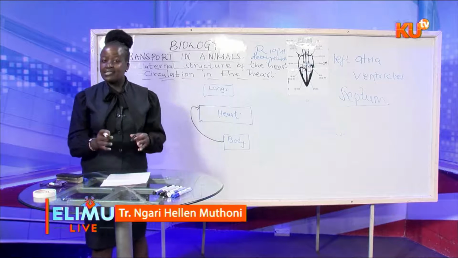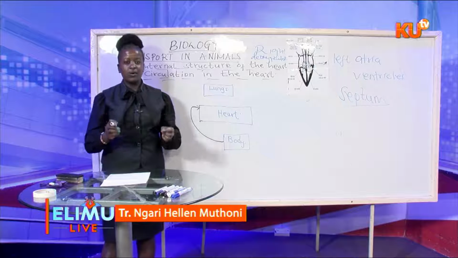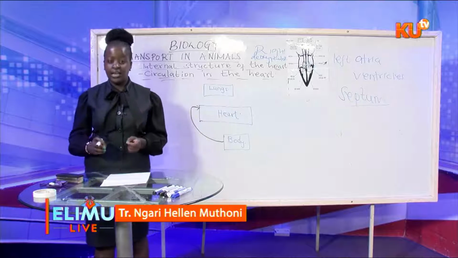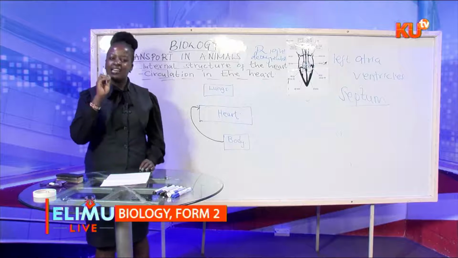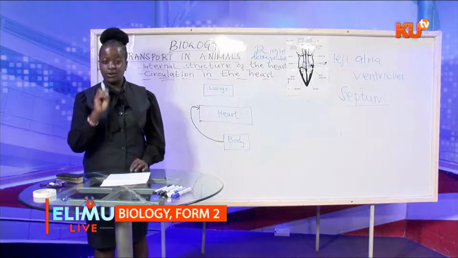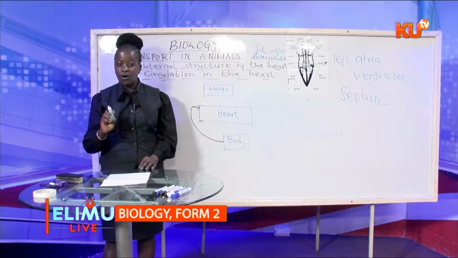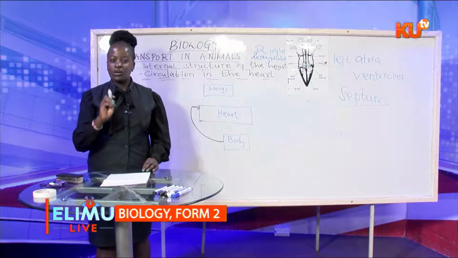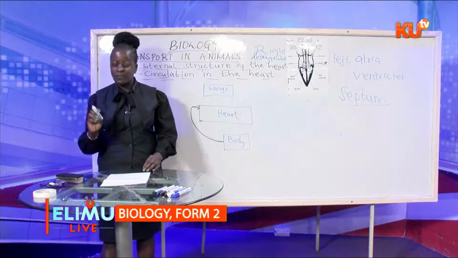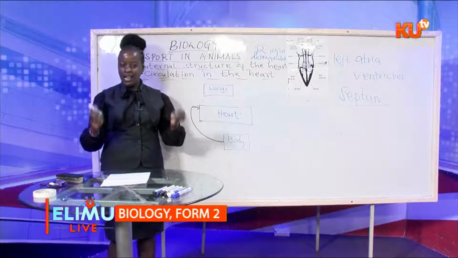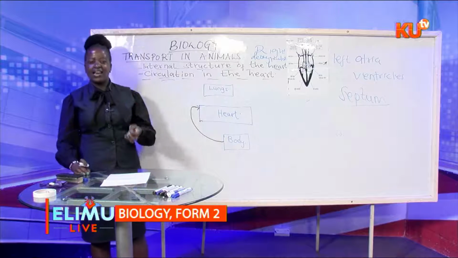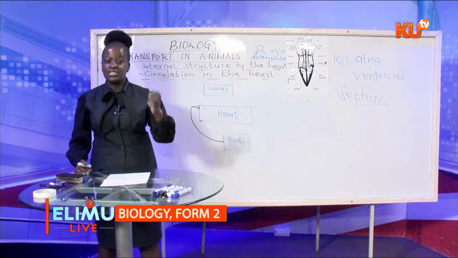In your lungs, we have a process called gaseous exchange. Gaseous exchange is the process by which respiratory gases, oxygen and carbon dioxide, pass across respiratory surfaces. Your lungs have alveoli or air sacs. These are the respiratory surfaces.